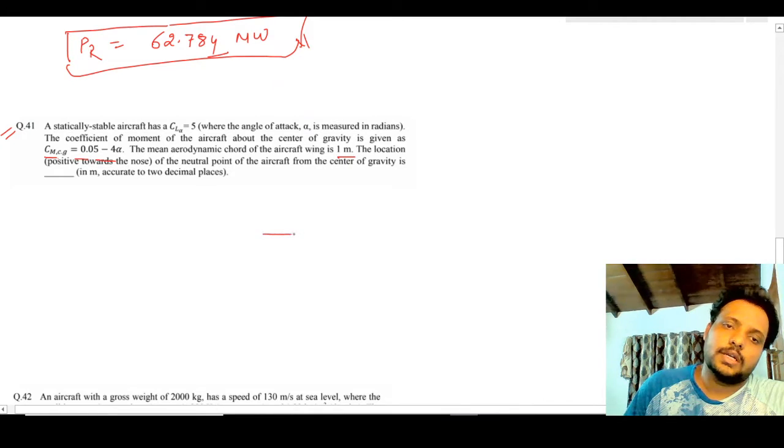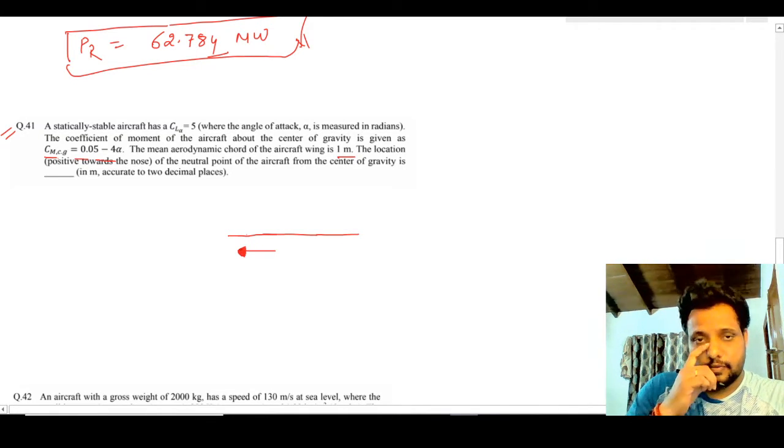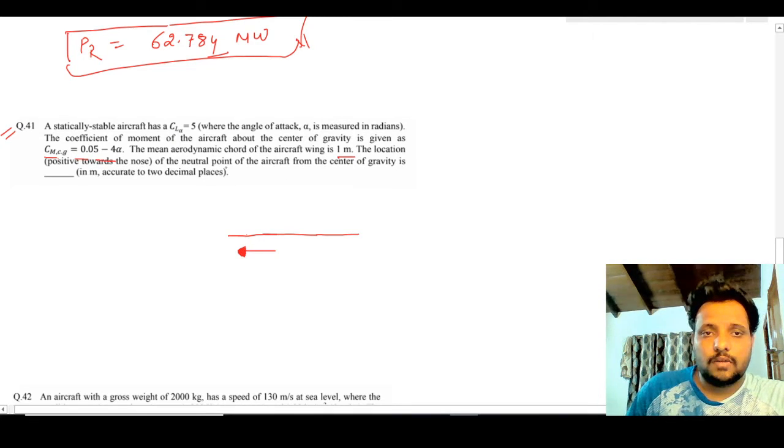Let's say this is FRL, the fuselage reference line. So the sign convention is that movement in this direction is taken as positive. The location of the neutral point of the aircraft from the center of gravity is positive.